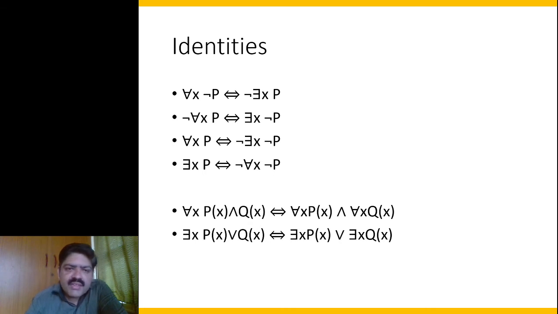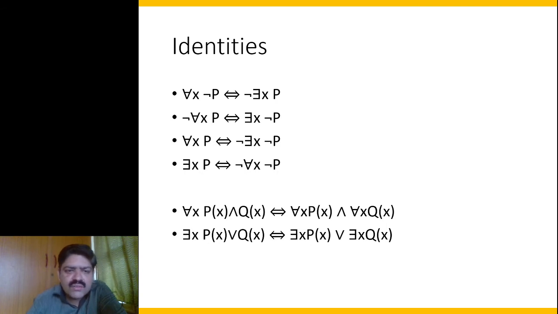There are several identities of use in this context. For all x not p is equivalent to saying there exists no x with p. Also, not of for all x p is the same as writing there exists x such that not of p holds, and so on. Please take a moment to read and understand these identities.